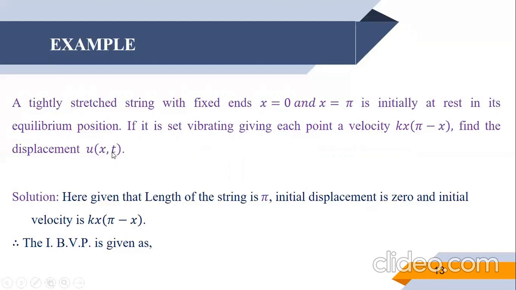So in this problem, given a string which is tightly stretched with ends x equal to 0 and x equal to π, so we consider the length L is equal to π. Also given that the string is initially at rest in its equilibrium position, that means the displacement is 0. And here the initial velocity is given as kx(π − x). And we want to find the displacement u(x,t).